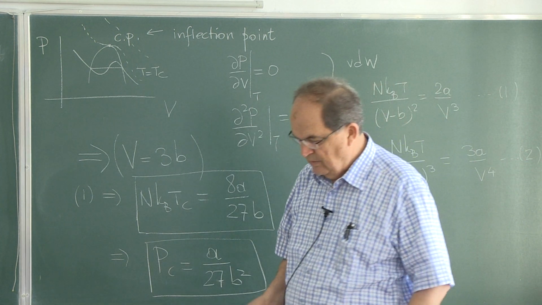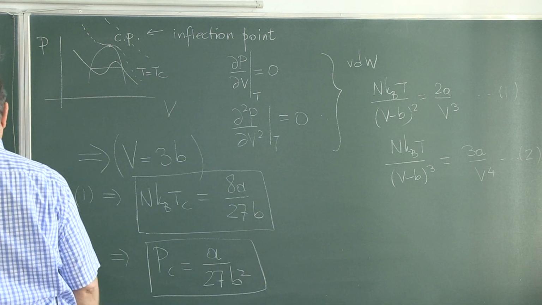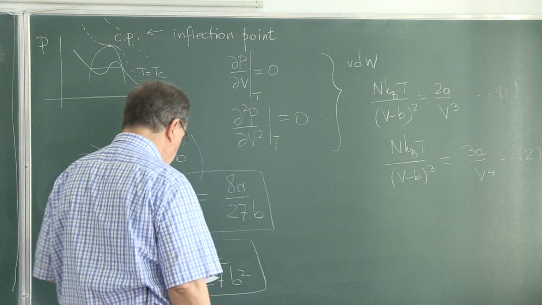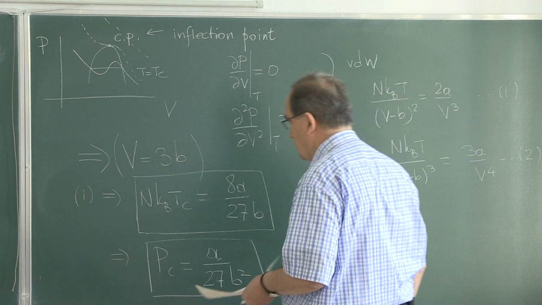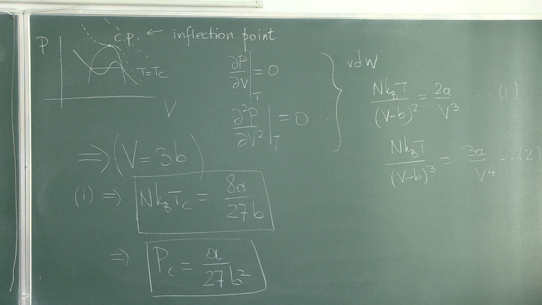Now, for T greater than Tc, we have an ideal gas-like behavior because higher the temperature, more classical is your gas.